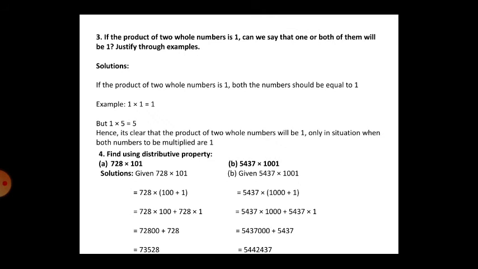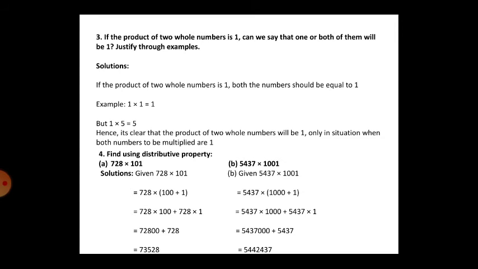Inside of the bracket two numbers are there, and the outside number you have to multiply with both numbers. 728 is the outside number and 100 plus 1 is the inside number. So I multiply 728 with 100, write plus in the middle, and again multiply 728 with 1.